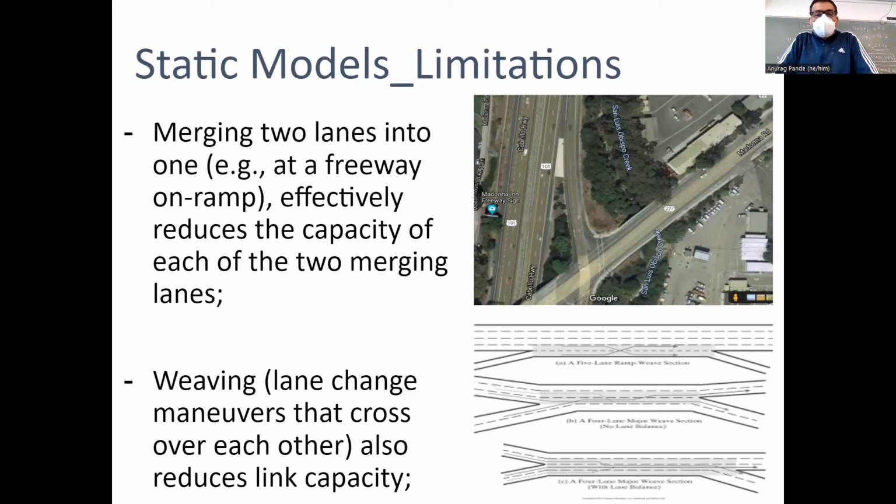And then weaving lane change maneuvers that cross over each other also reduce link capacity. So when we are specifically dealing with weaving segments, you might have queuing in that weaving area, and those queues might persist for a long time, even beyond your modeling horizon. Again, that's where inflow may not equal outflow.